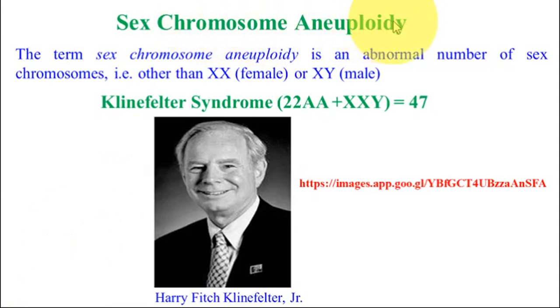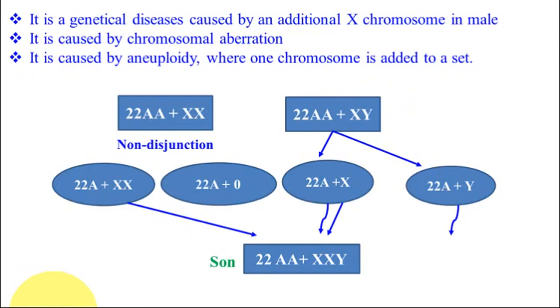Sex chromosome aneuploidy: the term refers to an abnormal number of sex chromosomes, other than XX female or XY male. Klinefelter syndrome, 22AA plus XXY, equal to 47. It is a genetic disease caused by an additional X chromosome in males.